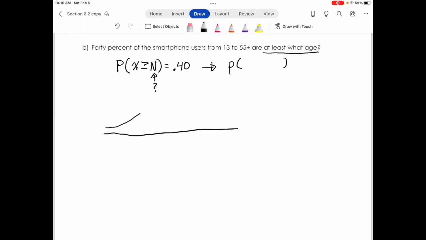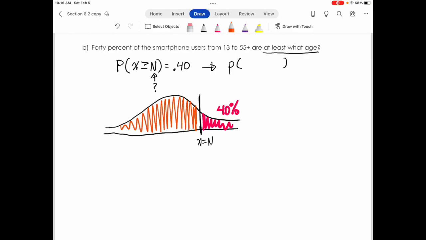So we need to retranslate this in a way so that we can enter it in on the calculator. When we look at our graph, if we want to find that value of X, I'm just labeling it generically as N right now. We want to find that value of X that gives us a cutoff point so that this is 40%.